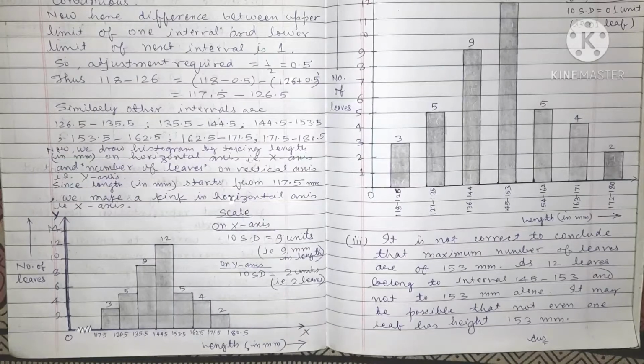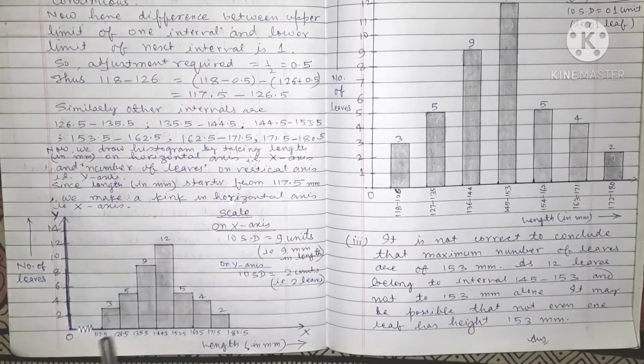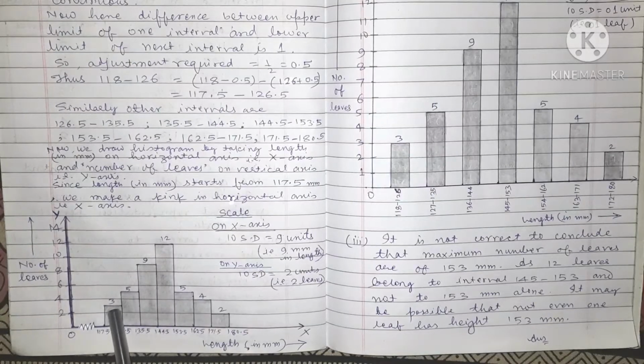Here 117.5 to 126.5, number of leaves 3.